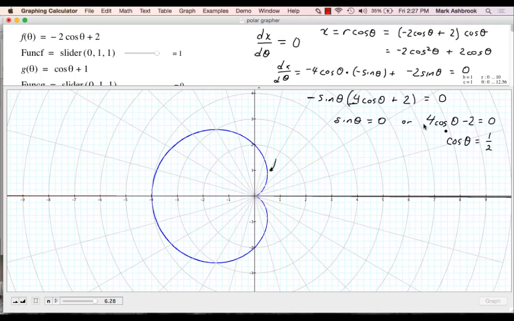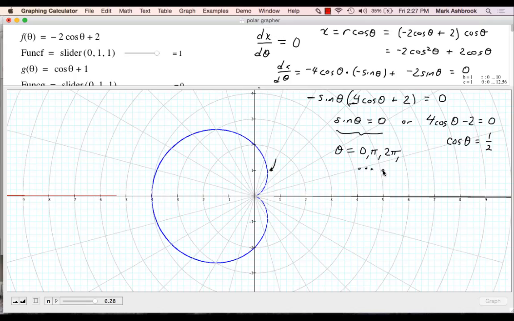Okay, so this is giving us lots of angles, and all these angles should have dx d theta equaling 0. So what about this? This is theta equals 0, pi, 2 pi, etc. Now looking at the graph, which one applies here?